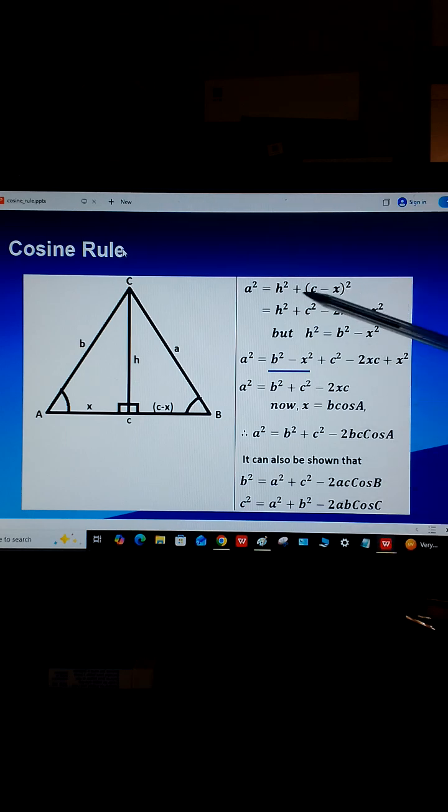If we expand this term, (c minus x) squared, we get c squared minus 2cx plus x squared. So a squared is equal to h squared plus c squared minus 2xc plus x squared.